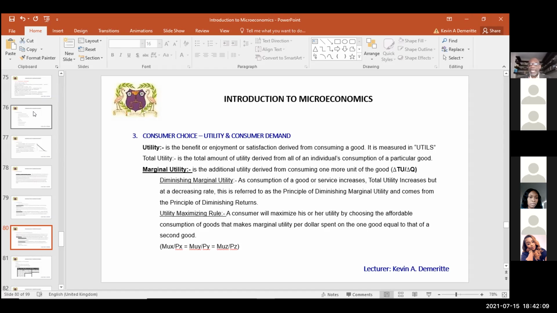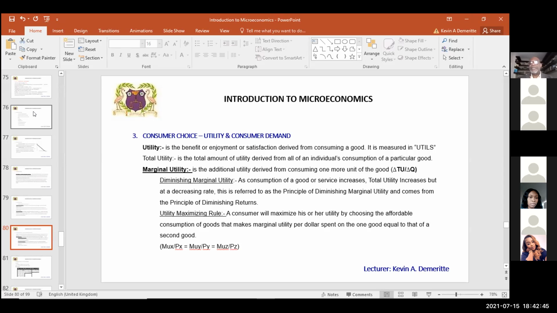Because we've defined utility in a generic form, utility is the benefit or enjoyment or satisfaction derived from consuming a good, we can measure utility in terms of this makeup thing that we call utils. So if one util is a measure of satisfaction, then two utils means that you're more satisfied or enjoy the product more than if you only give it one util.